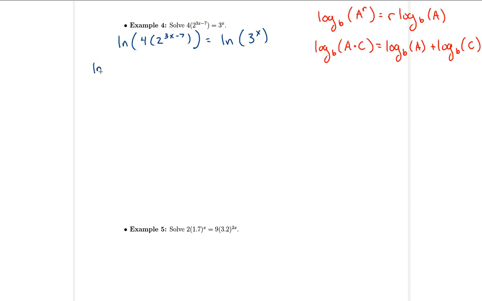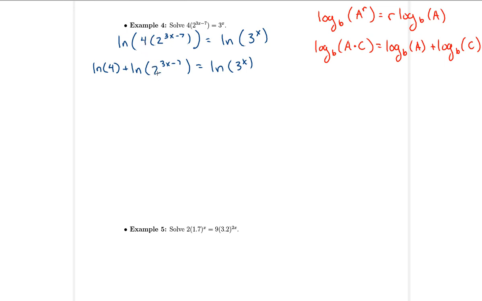And this is going to be important because if I use this property right here, then I can write it as the natural log of 4 plus the natural log of 2 to the 3x minus 7. And now, when I look at the 2 to the 3x minus 7, there's no other coefficient in front that's not being raised to the 3x minus 7.